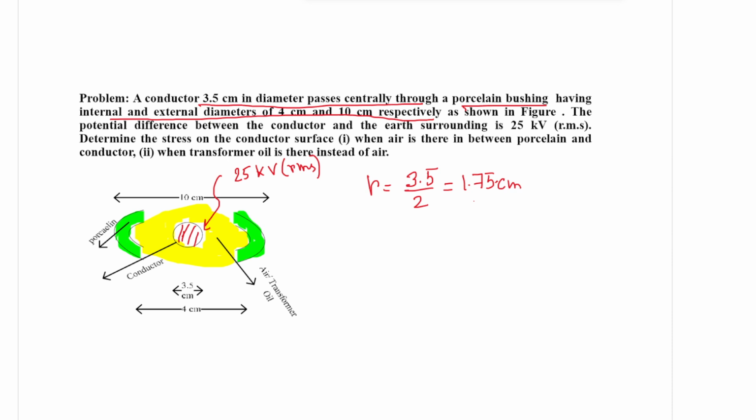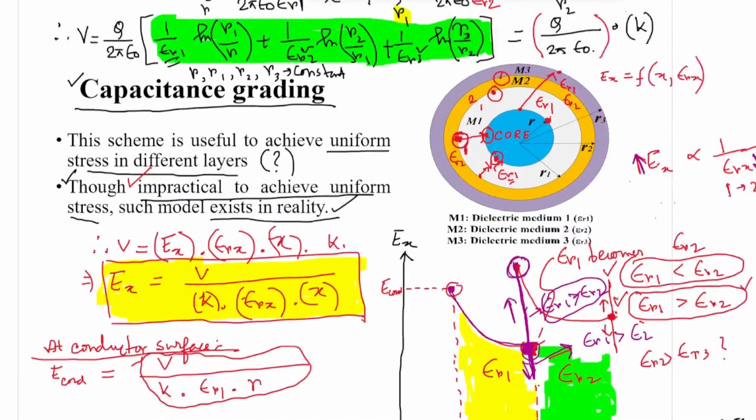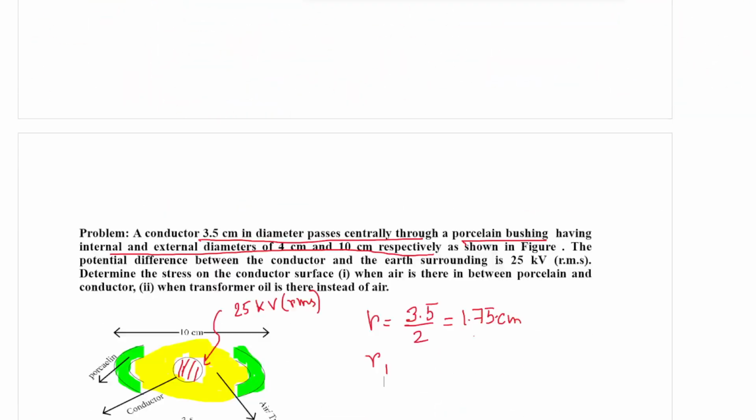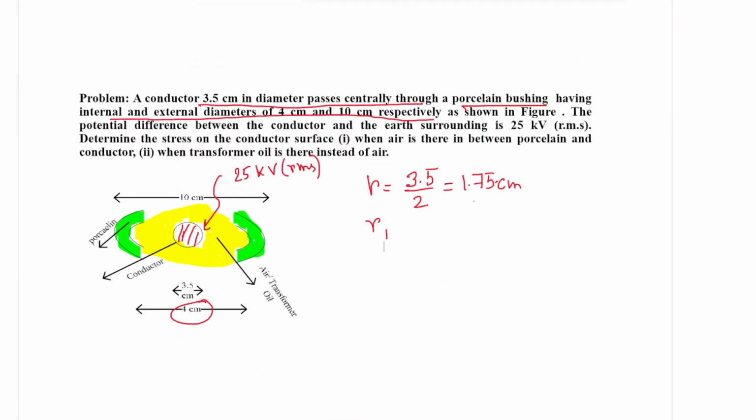Now it passes centrally through a porcelain bushing having internal and external diameter of 4 centimeter and 10 centimeter. If you draw an analogy with this diagram, your conductor is this, with 1.75 radius.